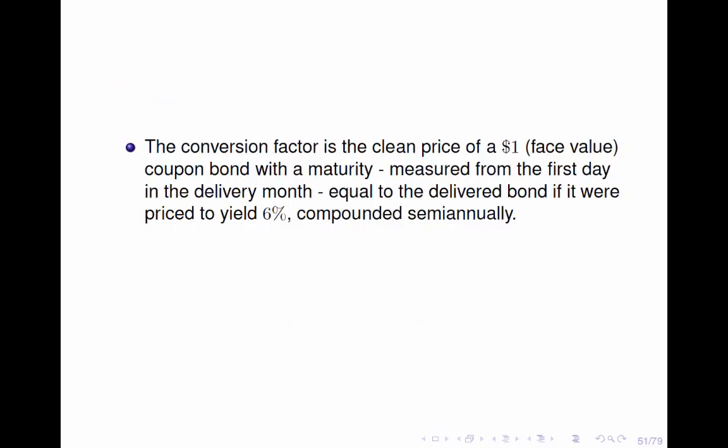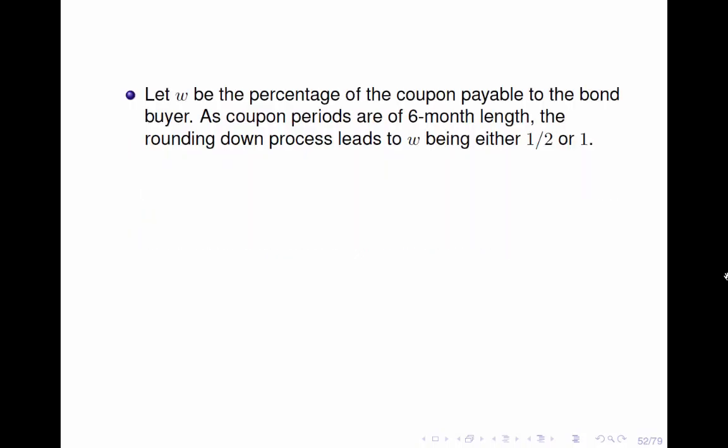The conversion factor is the claim price of a $1 face value coupon bond with a maturity equal to the delivery bond if it were priced to yield 6%. The maturity is measured from the first day in the delivery month, and the yield is compounded semi-annually. Note that, for simplicity, maturities are rounded down to the nearest quarter.